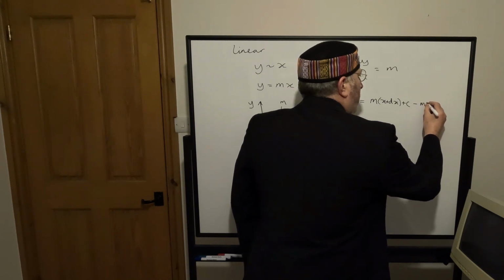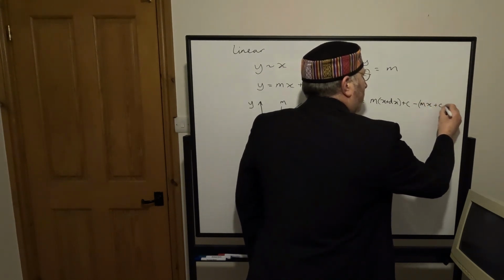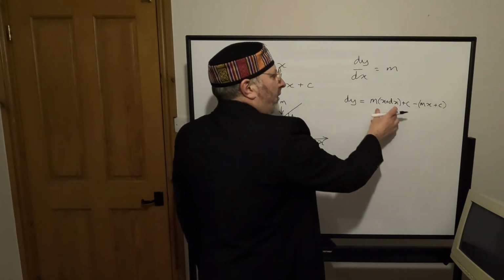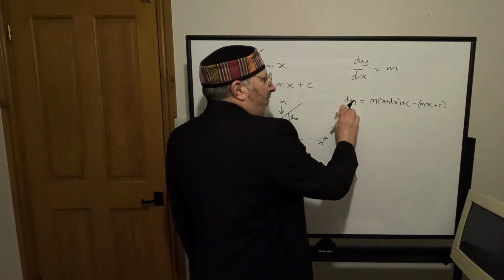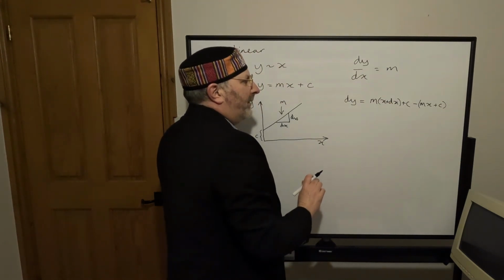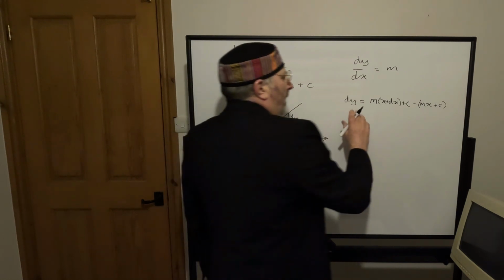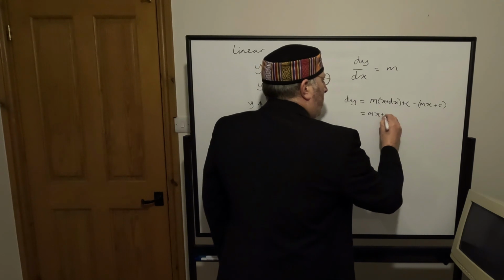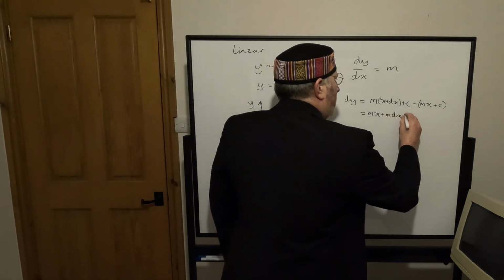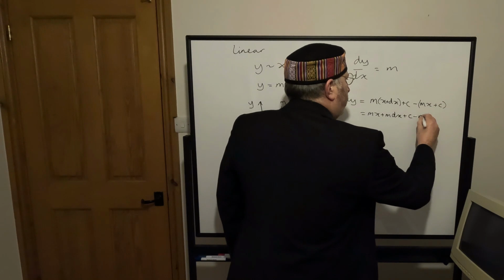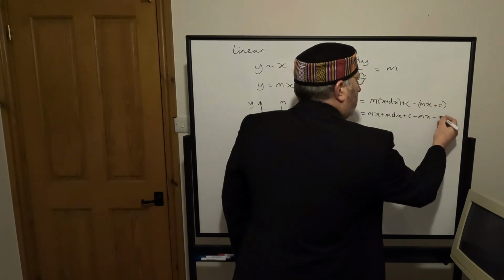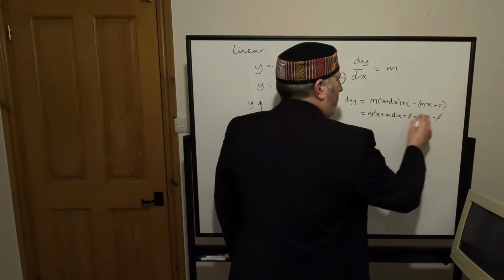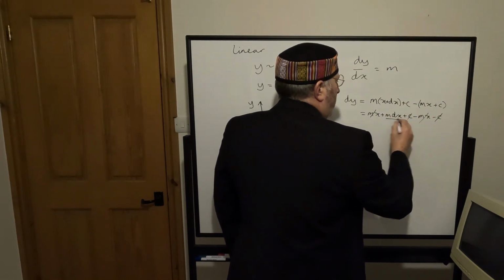So that's minus mx plus c. So that's the value at x. That's the value at x plus dx when we've changed x by dx, and we're interested in the change in y, how it depends upon the change in x. Well, we can simplify this. We've got mx plus m dx plus c minus mx minus c. And clearly we can cancel the c's, we can cancel the mx's, and we're just left with m dx.